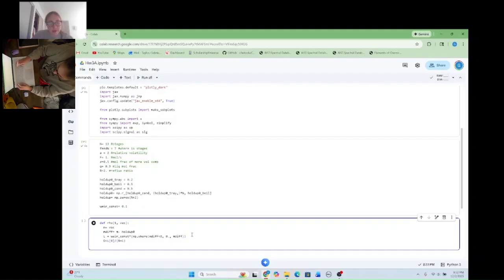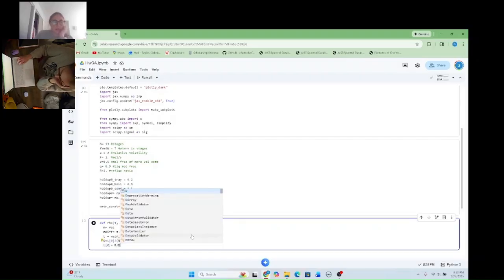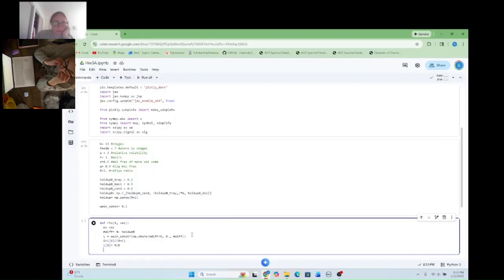And we know that our L not is going to be equal to R divided by D. And then from this, what else do we have?